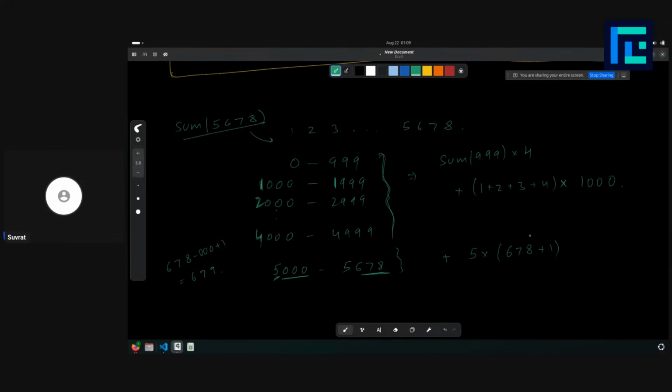And now what we can do is individually add sum of 678. So this term was for these, then this term was for the first digit, when first digit was equal to 5, and then this term would be for these.